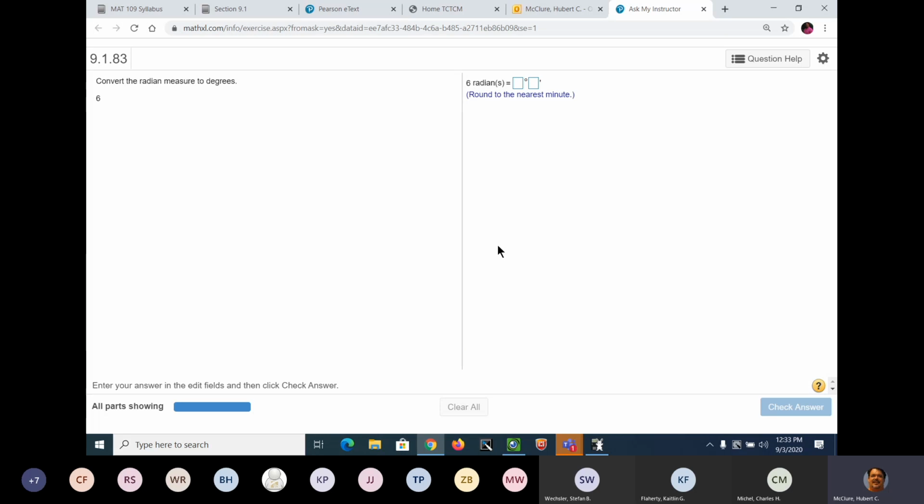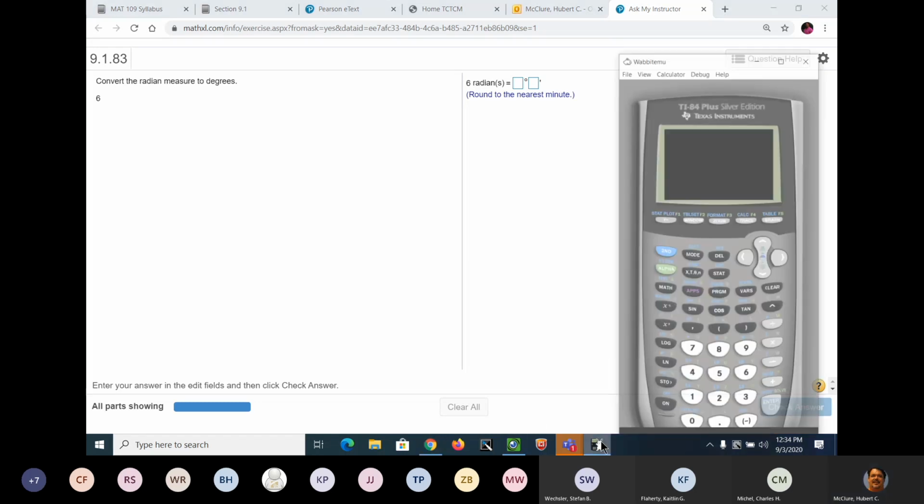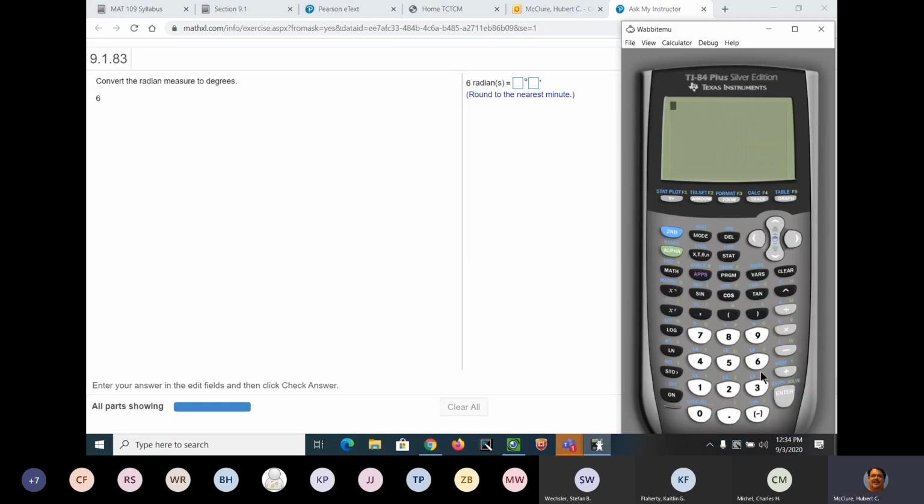So 6 has pi calculated in it. So 6 over 1 multiplied by 180 over pi is equal to 6 times 180 over pi. So 6 times 180 divided by pi.